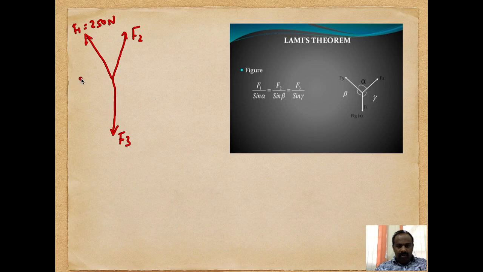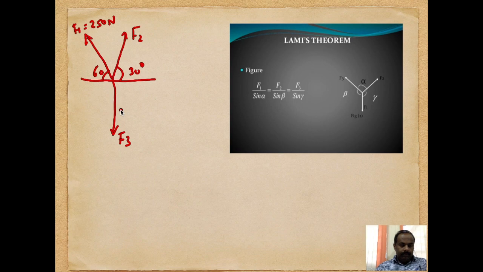We can draw a horizontal, and with respect to horizontal, this F1 is at 60 degrees. With respect to horizontal, this F2 is at 30 degrees. So first we will solve this problem with Lami's theorem. We need to find F2 and F3.